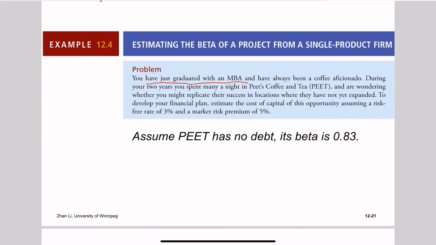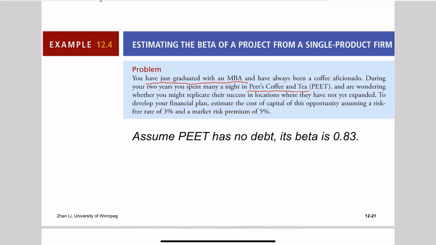Now in this case, you will look at a comparable firm, right? So in this case, you're looking at Peet's Coffee and Tea, right? So it's a San Francisco-based coffee firm. Now, the basic idea is you will use this firm's cost of capital as your project's cost of capital, right?